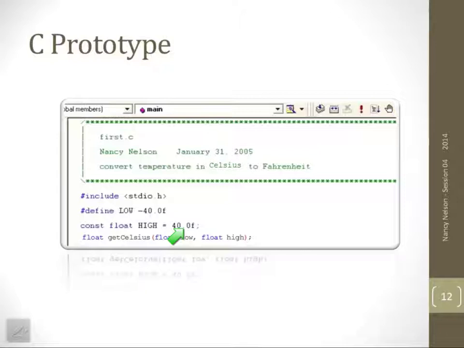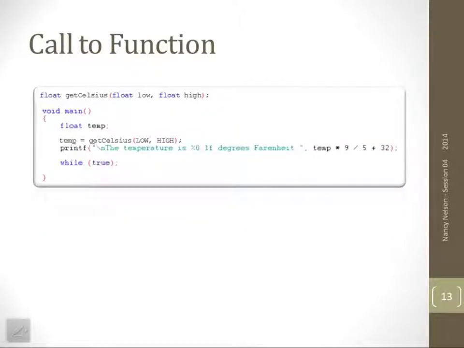Now, more importantly, here is our prototype. Floating point return value, the name of the function, the parameter list, and the terminator. Now here, I've repeated the parameter list just so we have it as a reference. But what's more important here is what's in main. So here we've defined a variable called temp, floating point number, and here's our call to our function, getCelsius.